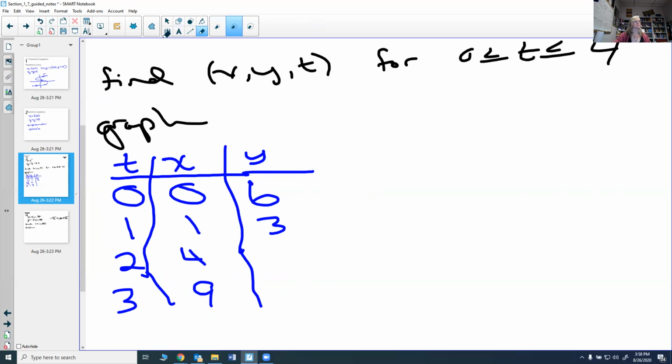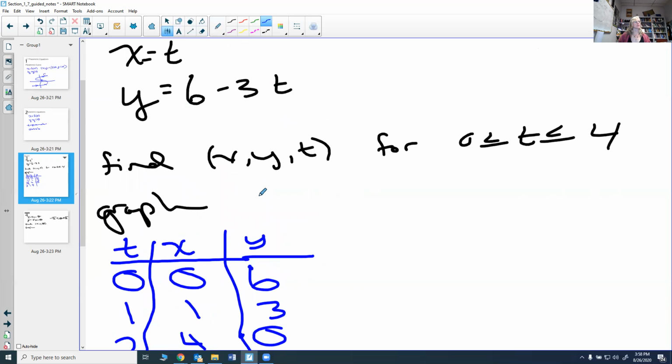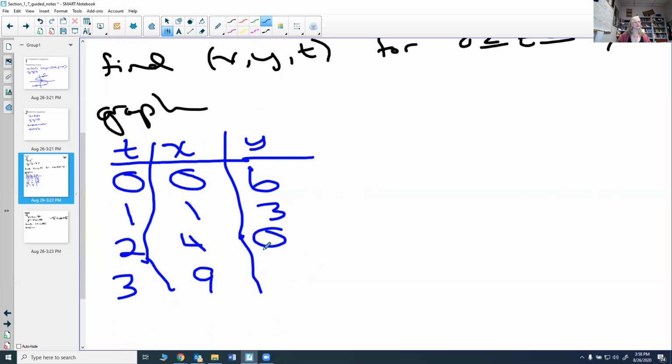Sorry about that. Then we put 3 in, and we're going to have 6 minus 3 times 3, which is 9, and 6 minus 9 is, of course, negative 3. And then we'll put 4 in. 4 squared is 16. 6 minus 3 times 4 is 6 minus 12, which is negative 6.